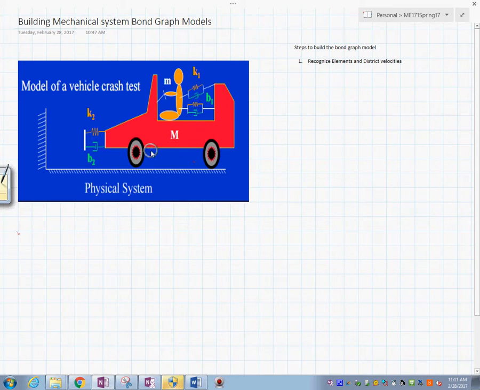So just so that we begin, this is going to be a source of flow with velocity 0. This of course is a C element right here. This is an R element, and the vehicle itself is going to be an I element. And so is the person, it's going to be an I element too.